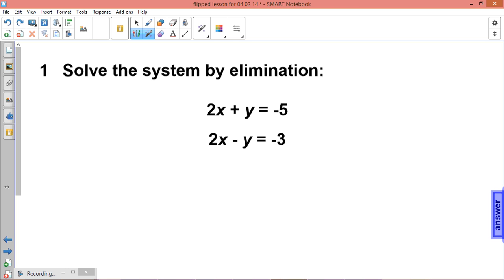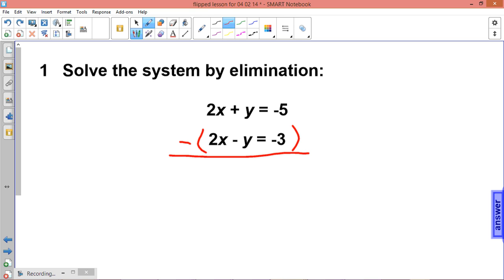I want to eliminate the x's not because it's easier, but because we'll get a little bit of practice doing that. So notice the x's have the same coefficient, positive 2 and positive 2. So I'm going to subtract this second equation from the first equation.